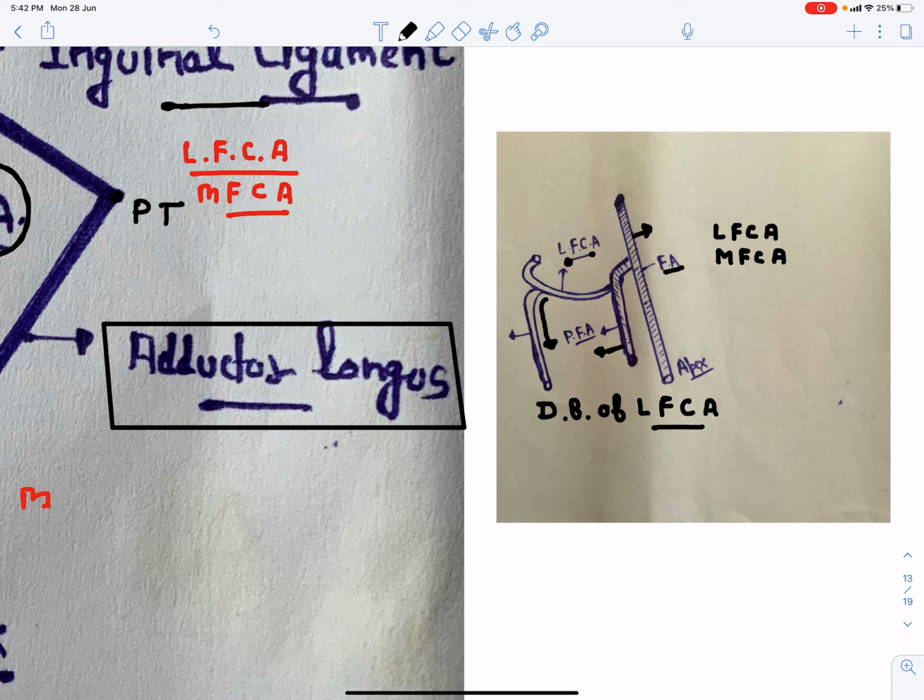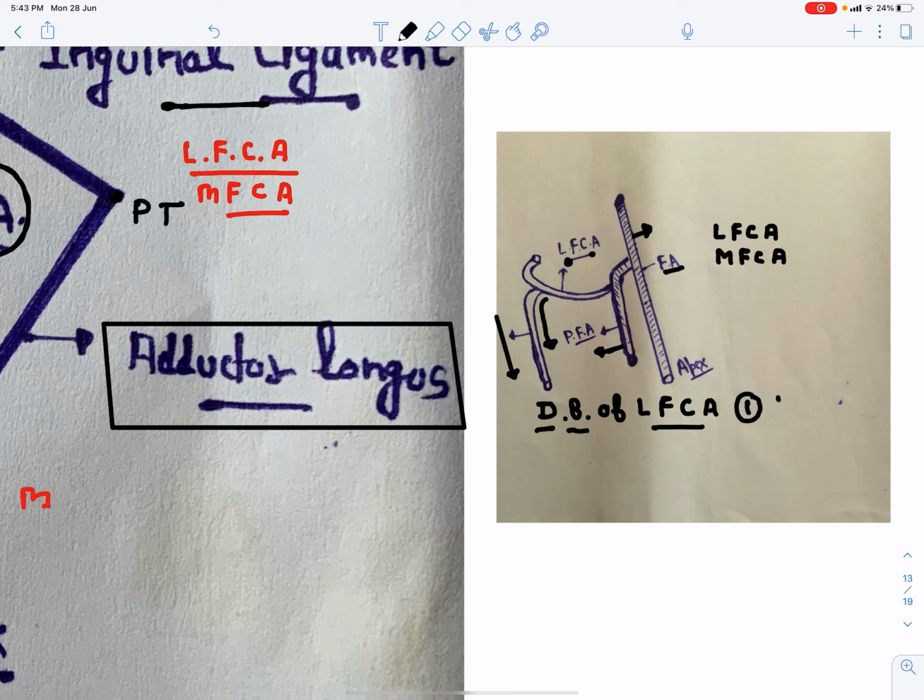So from the lateral femoral circumflex artery, one branch runs downward, and because it is running downward, it is called the descending branch of the lateral femoral circumflex artery. And this is the first artery which supplies our knee joint.